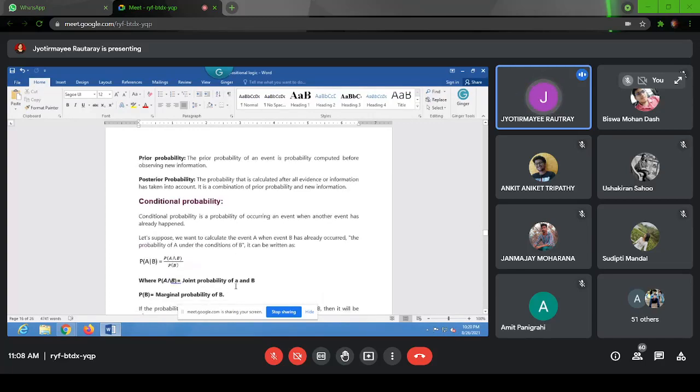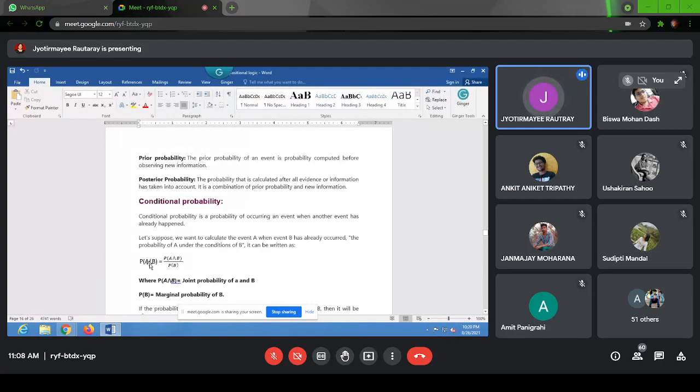Okay, in case of conditional probability, you may get a 5 marks question. Suppose you want to calculate event A when event B has already occurred.